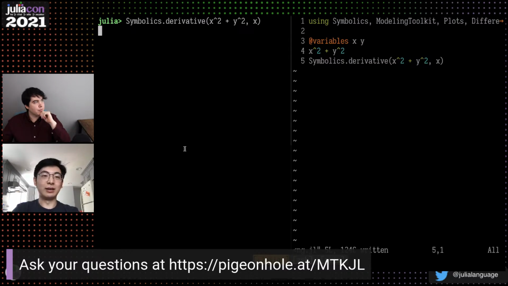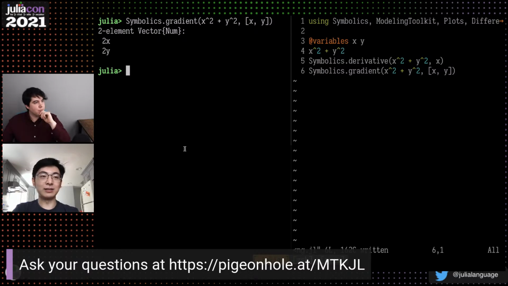And then, as expected, the partial derivative with respect to x is 2x, right? And then, of course, you can compute the gradient as well. Remember, the gradient is an Rn to R function. So in here, this function is Rn to R right now. And as expected, that's 2x and 2y.